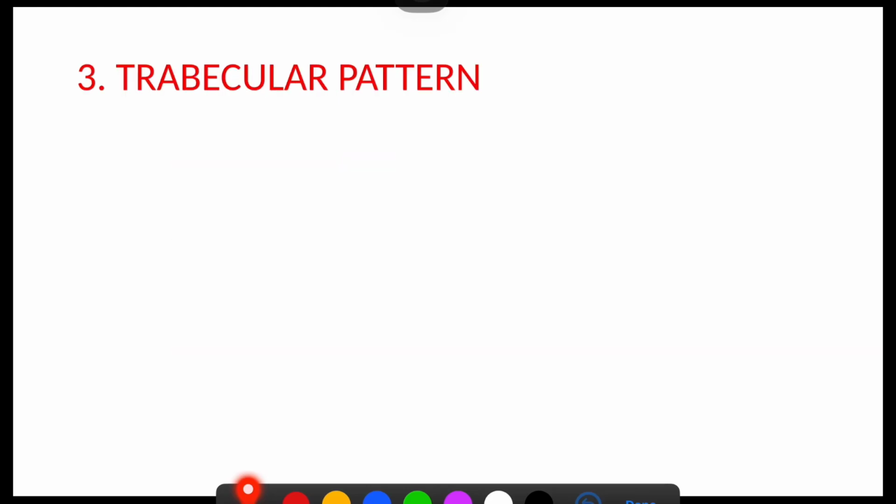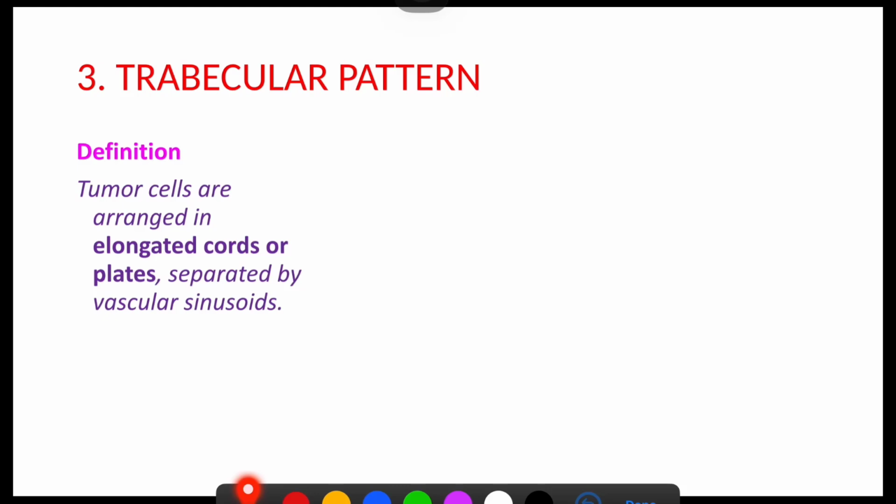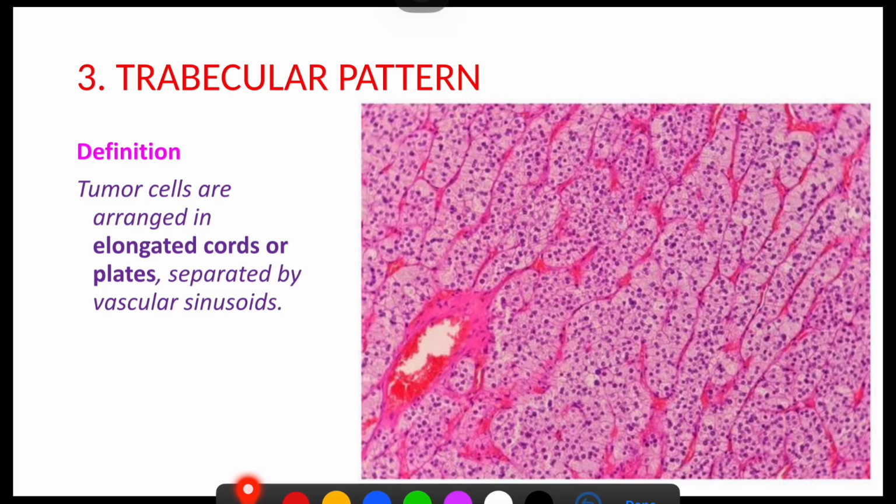Now, let us see the third pattern, trabecular pattern. Trabecular pattern means tumor cells arranged in elongated cords or plates separated by vascular sinusoids. Here you can see these are the elongated cords or plates which are separated by vascular sinusoids.